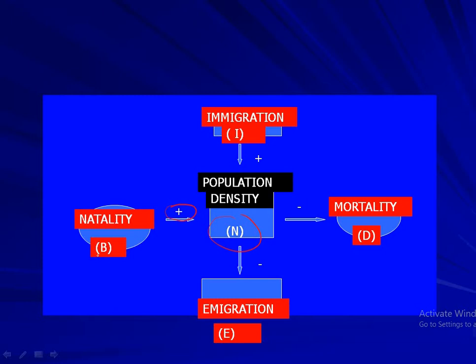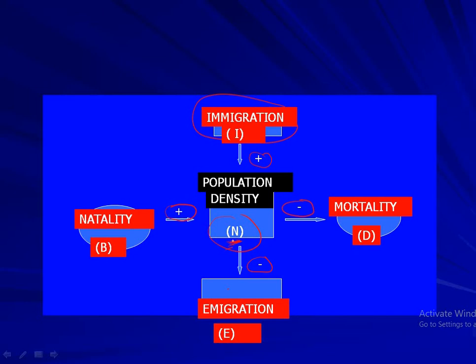Natality means birth, mortality means death, which decreases the population. Immigration is denoted as I. Again, it increases the population. And emigration is denoted as E, which decreases the population. Population density is denoted as N.